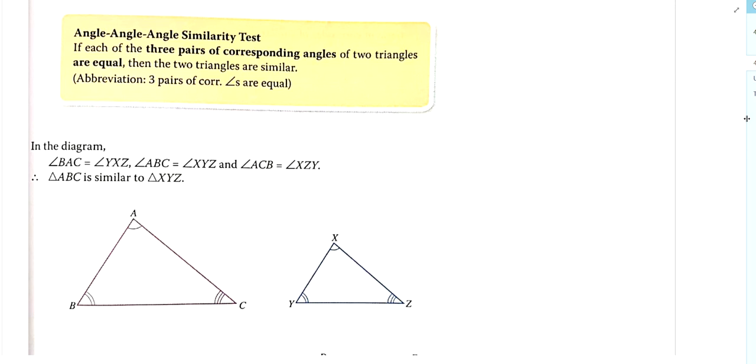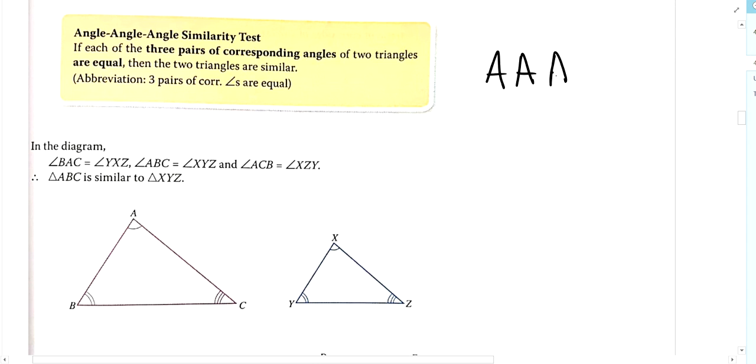What is the name of the test? Angle, angle, angle similarity test. What is the abbreviation? Because we are lazy to write angle, angle, angle similarity test, what shall we write?